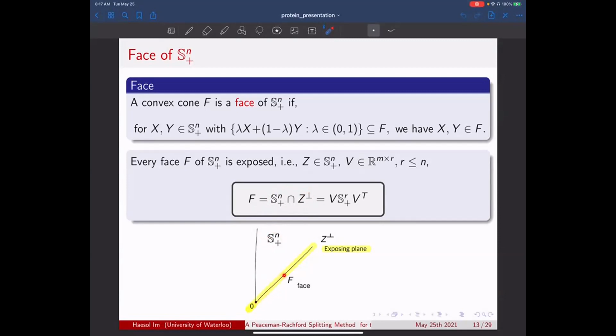And when we have a face sitting in the boundary, we can always find this matrix Z, which is positive semi-definite, so that the orthogonal complement of this matrix Z captures this face of a semi-definite cone. We can also form an equivalent representation of this face as V times a smaller positive semi-definite cone times V transpose. And we're going to see this representation throughout this talk.